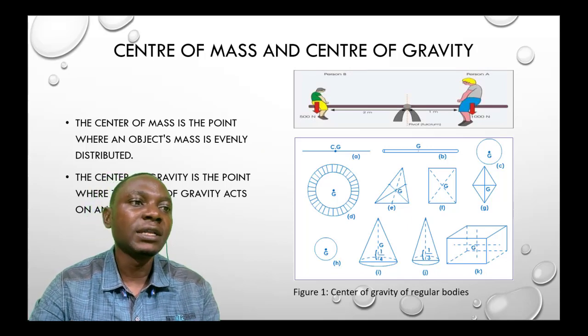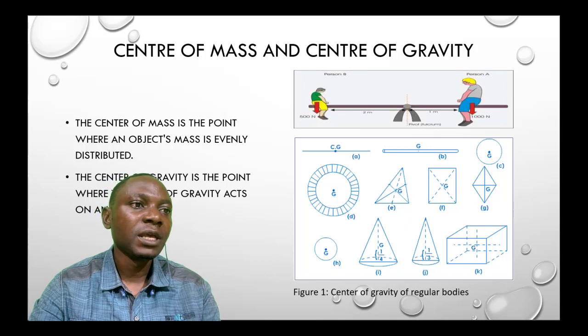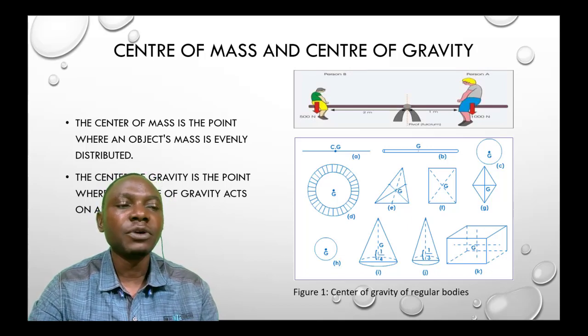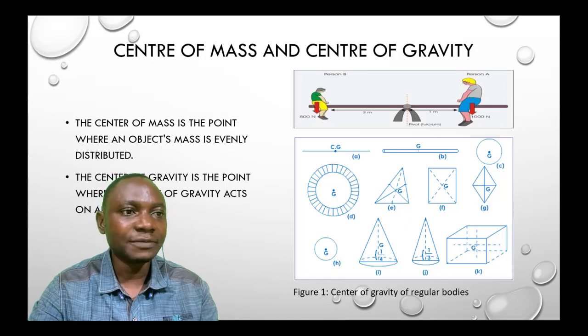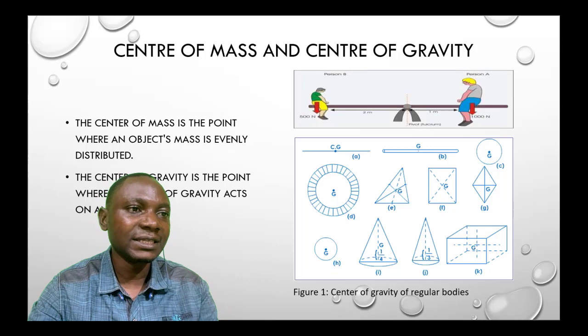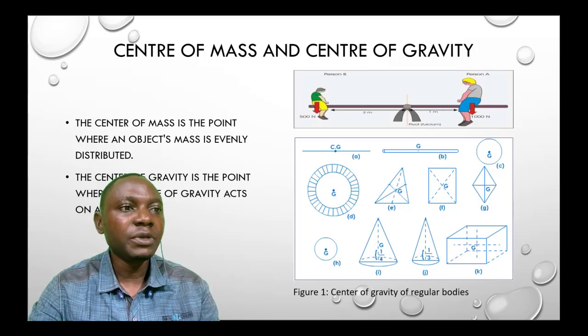On the other hand, the center of gravity is the point where the force of gravity acts on an object. It is the point where all the gravitational forces on an object can be considered to be acting. Let me give you an example.